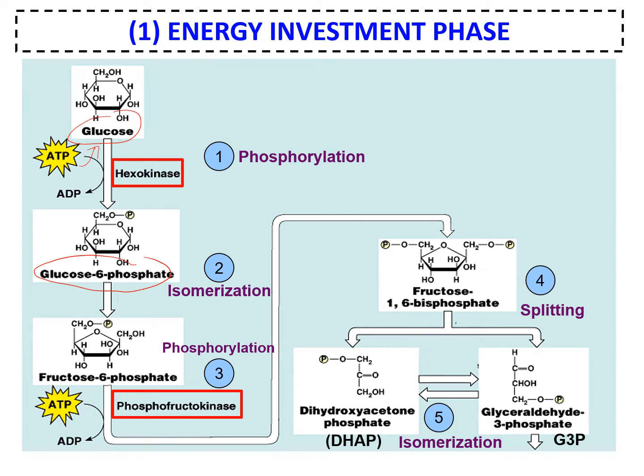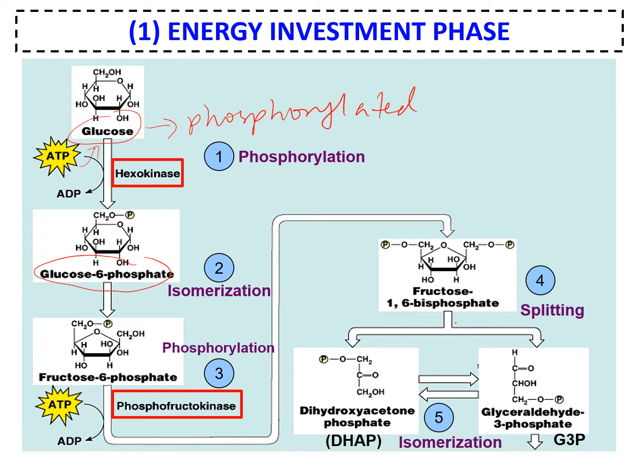Thus, this process is called phosphorylation. In another word, we can say that glucose is phosphorylated to glucose 6-phosphate with the help of the enzyme hexokinase.